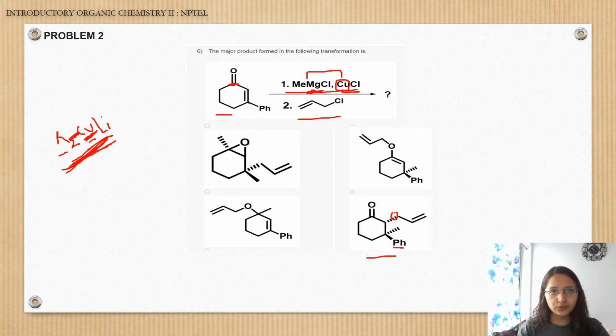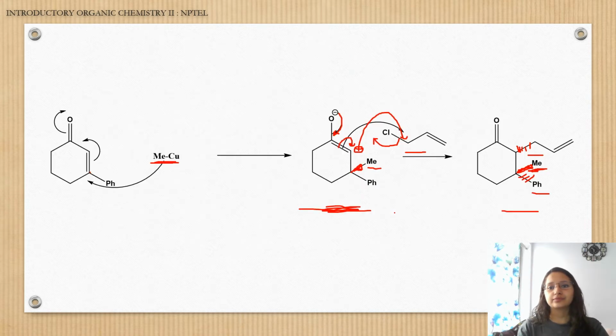So is the problem clear? Ma'am, I can't understand the stereochemistry here. Okay. See, when you got this product, have you got how we are ending up with this product? Yes, ma'am. Okay, so look at the stereochemistry. First of all, this methyl is attacking on this carbon. This nucleophile attack is taking place.